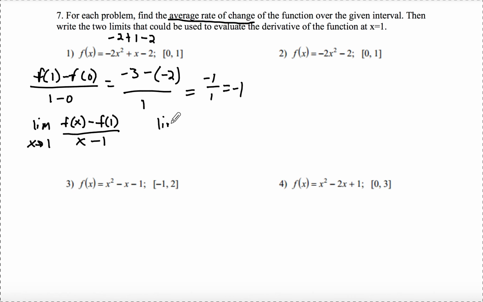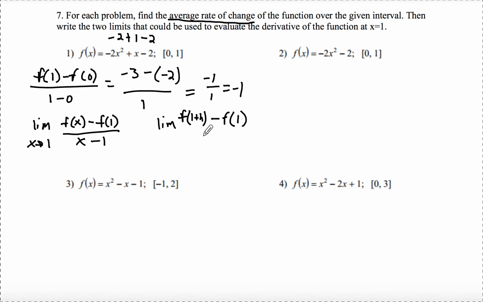The other limit looks like this. We could have the point f of 1, and we could say our other point is f of 1 plus h, where we've moved over a little bit. I know my last one I switched those around.